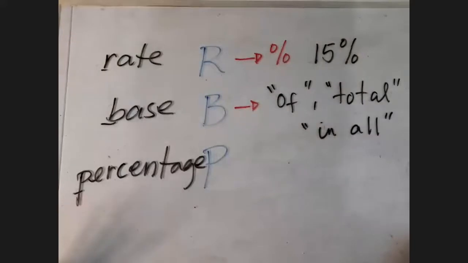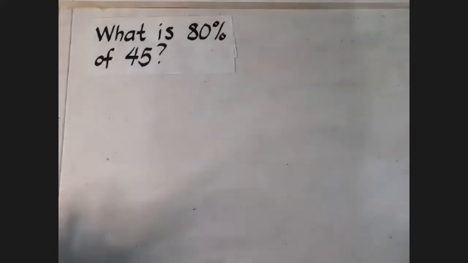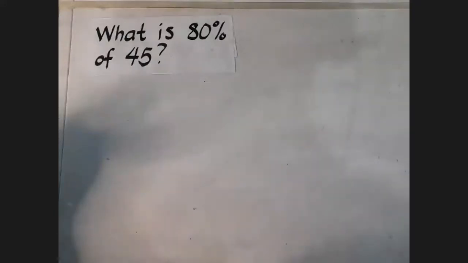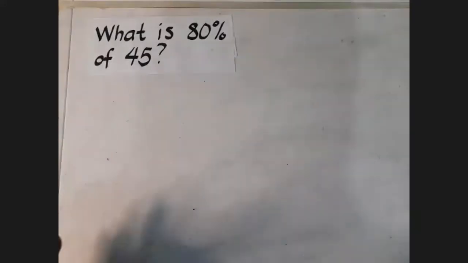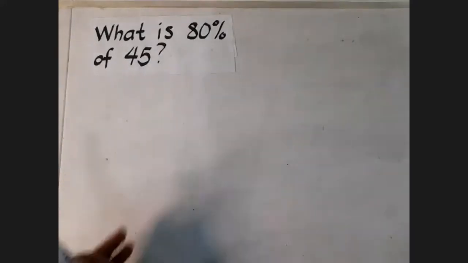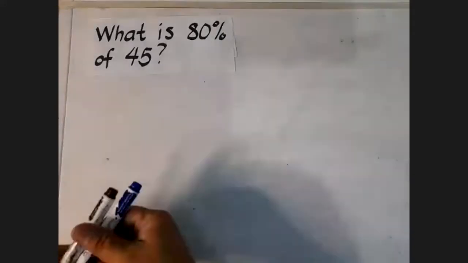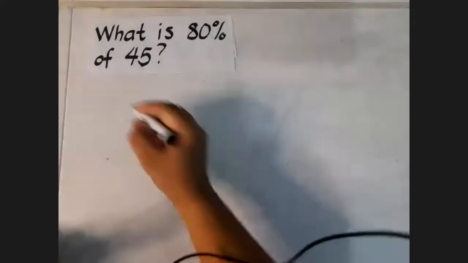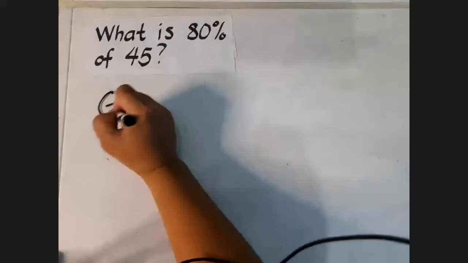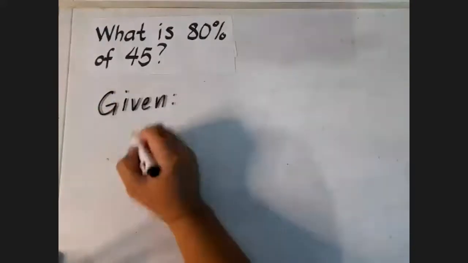So, let's have our first problem. Okay, our first problem is, what is 80% of 45? This is a one-liner question or a one-liner problem. Now, pag ganito, all you have to do is to identify the given. So let's list down here the given. Okay?